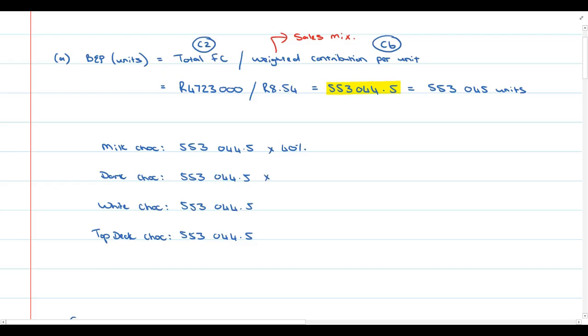For dark chocolate, we are going to multiply by 20%. For white chocolate by 10%. And for top deck chocolate by 30%. And in each of these calculations, round up to the nearest whole number.